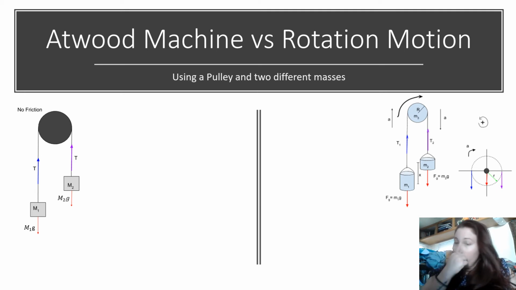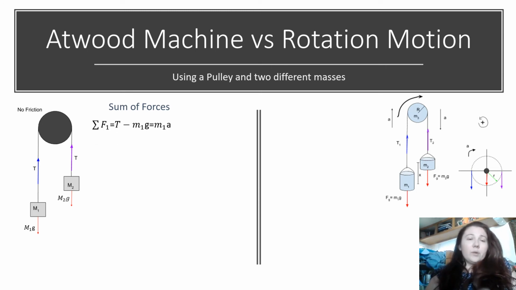So we've got a few more things to consider for this problem, but they're basically the same. We just have a little bit more information. So let's first figure out the sum of the forces for the Atwood machine, because that's really where we can compare them.